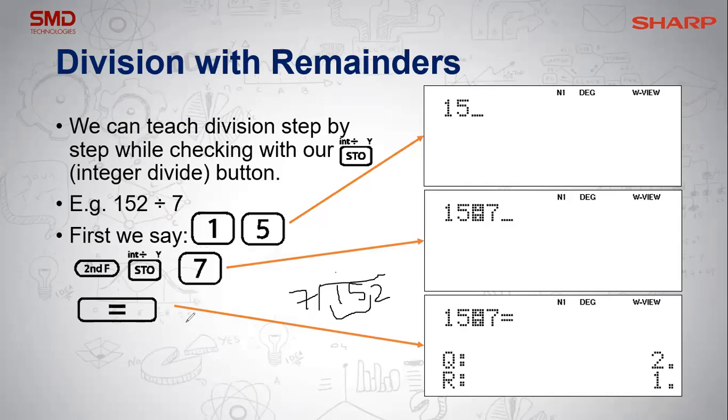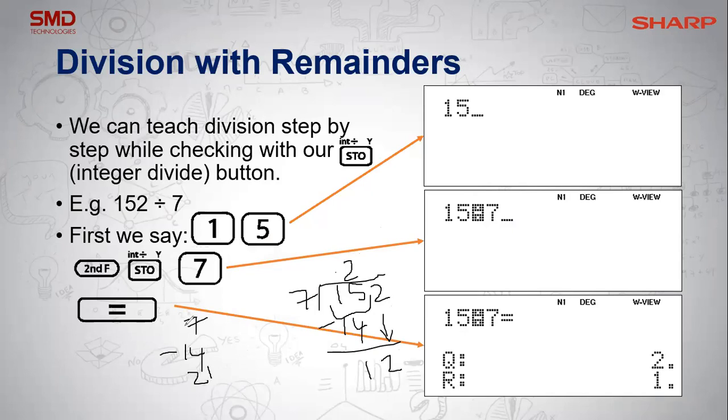So I count in 7, so it's 7 and then it's 14, and then it's 21. So it's 2 times. 2 times 7 is 14. So there's my 14. I subtract, bring down my 2.